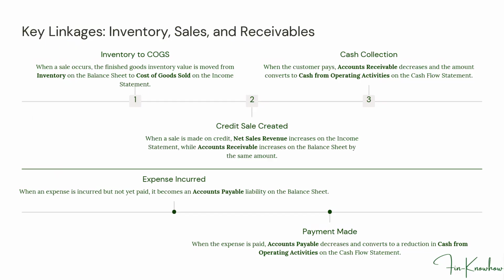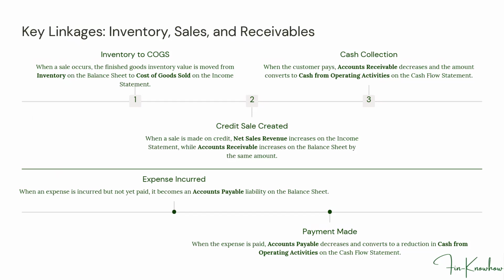Okay. So we went from inventory to revenue to cost of goods sold to accounts receivable. And when this accounts receivable gets paid, it converts to cash from operating activities.